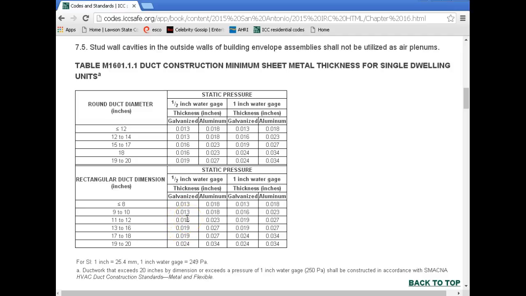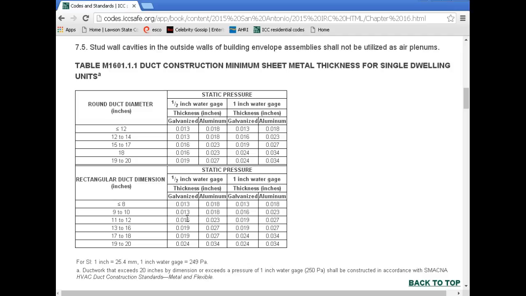Y'all, this is important to find. This is one of the places they're going to come. Y'all no longer have the SMACNA book allowed. Okay, used to, that's what we do. We look up gauges of, let's say you were making a 40-inch by 15-inch duct, and it would tell us what gauge we'd have to use and everything.